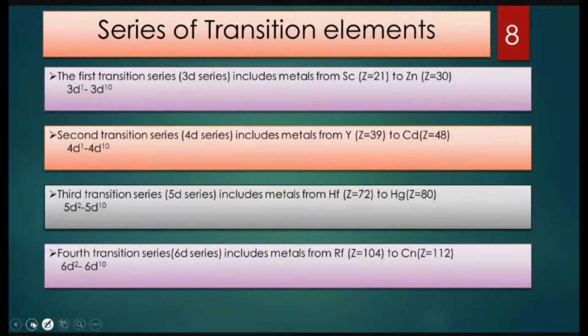And the last one, the fourth transition series, is also called the 6d transition series of elements, because in these elements the 6d orbital is progressively filled. So this is about the different series of transition elements in the d block.